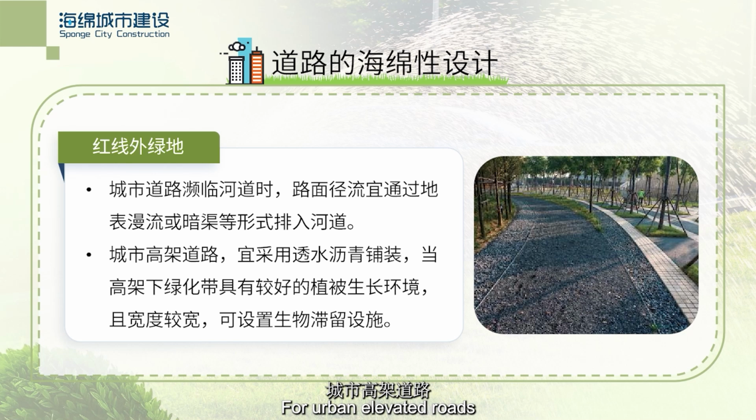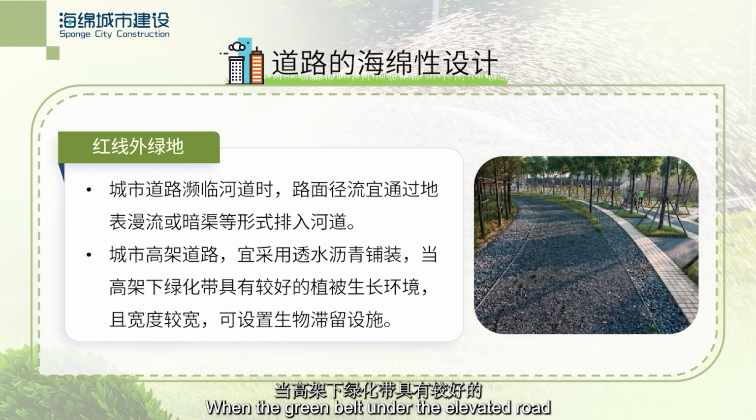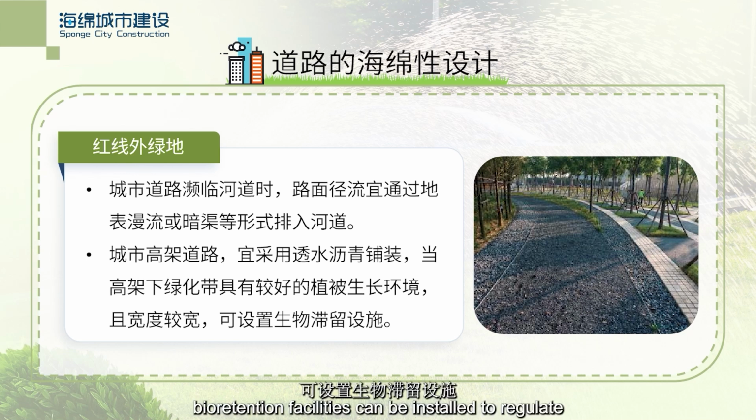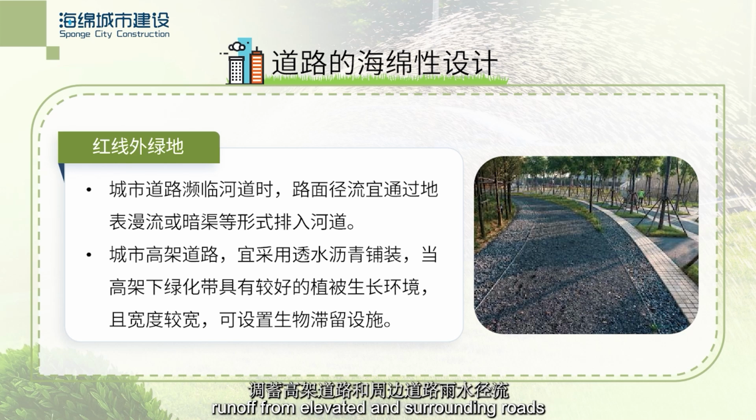For urban elevated roads, permeable asphalt paving is recommended. When the green belt under the elevated road has good conditions for vegetation growth and is sufficiently wide, bioretention facilities can be installed to regulate runoff from elevated and surrounding roads.